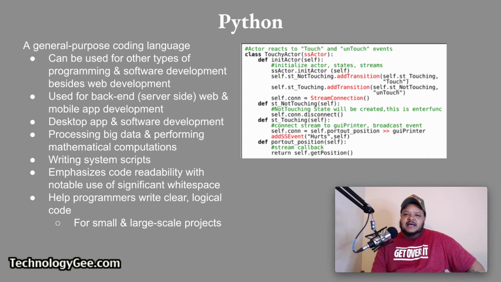Python's design philosophy emphasizes code reliability, with its notable use of significant white space. Its language constructs and object-oriented approach aim to help programmers write clear, logical code from small and large-scale projects.